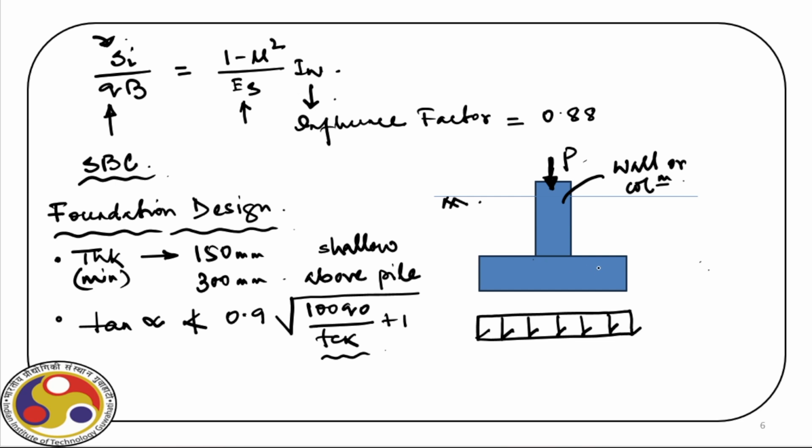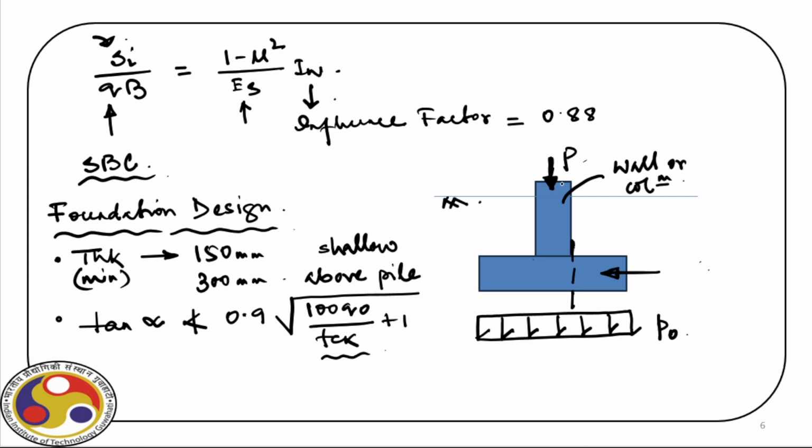On either side, it acts as a cantilever supporting this pressure, say P naught. The moment we apply this pressure, this foundation acts like a cantilever beam, and you know the critical section for a cantilever beam supporting a column is obviously this face of the column, where we will have the maximum bending moment developed. So we have to design this foundation as a beam with the bending moment at this critical section.